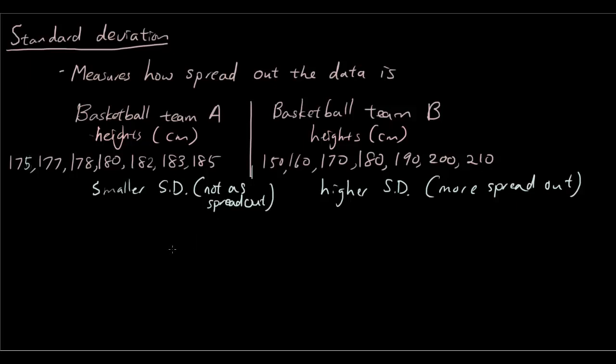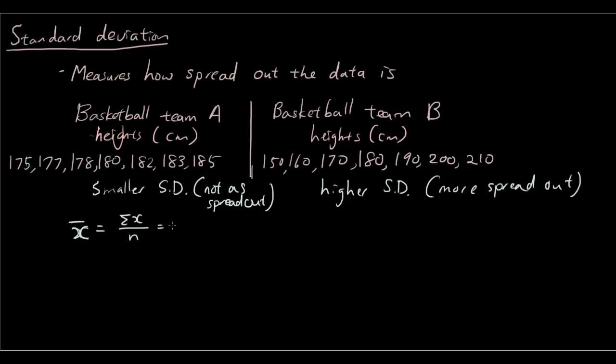So the first thing we need to do to find the standard deviation is find the mean. So the mean is indicated by the symbol X with a horizontal bar above it, and the mean is calculated from the sum of X divided by N, which is the number of scores.